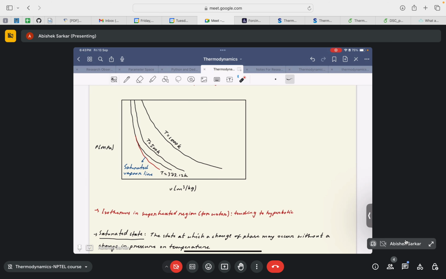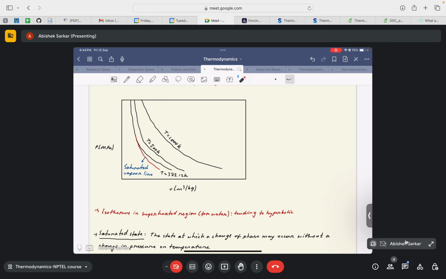We previously discussed, when we were discussing the first law of thermodynamics and the different PdV works, that for isothermal processes, the PV plot would be a rectangular hyperbola, right?